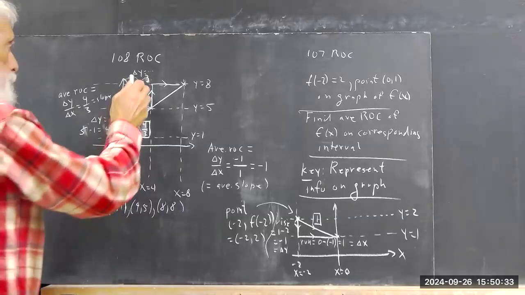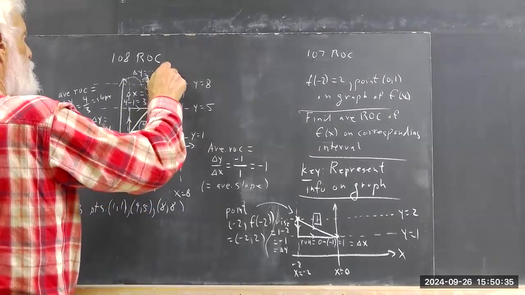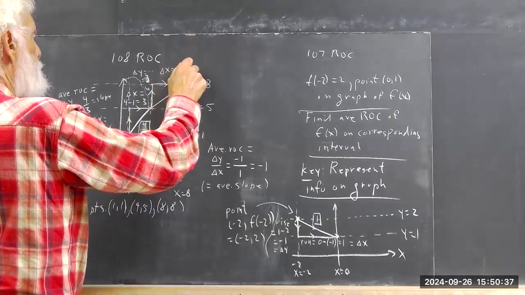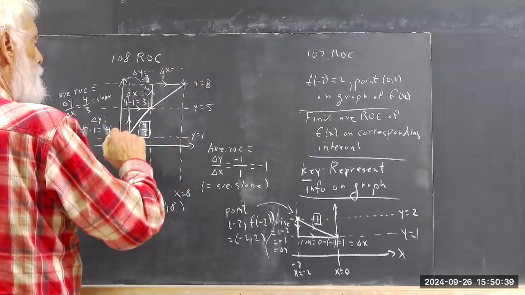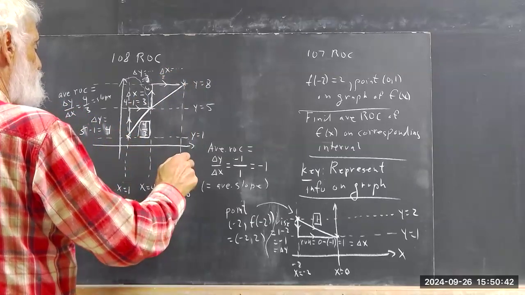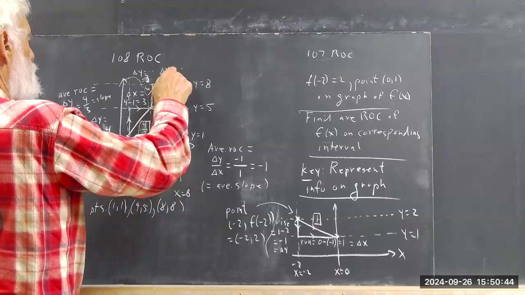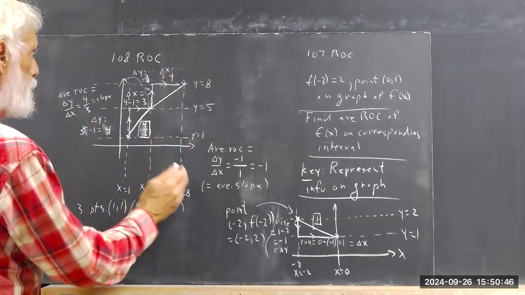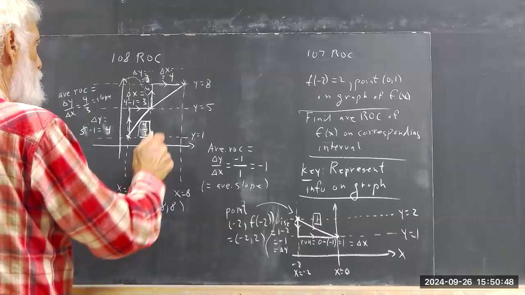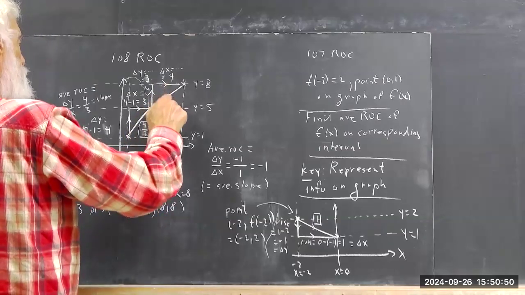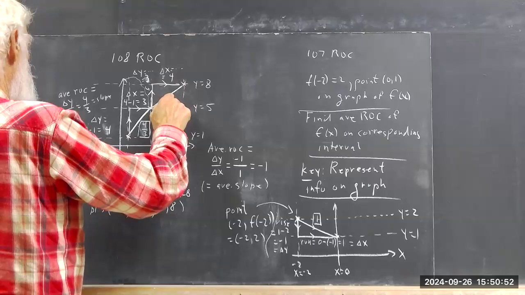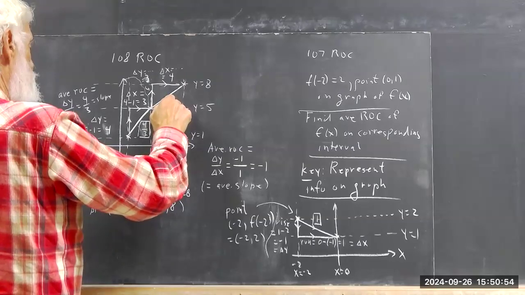Delta x equals 8 minus 4, which is 4. X equals 4 to x equals 8, divided by 4. So the slope is 3/4.